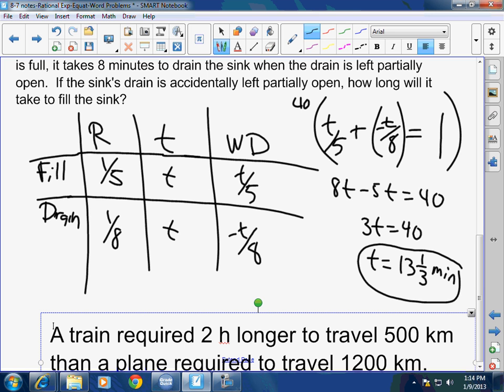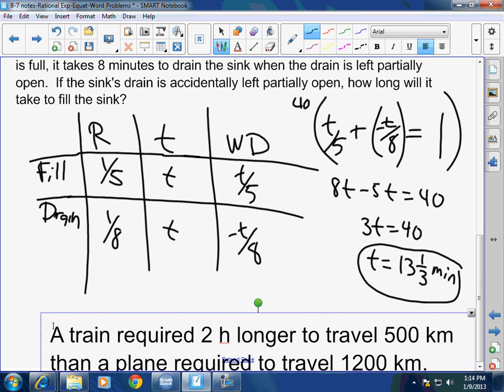Find the speed of the train if the plane travels 4 times as fast as the train.